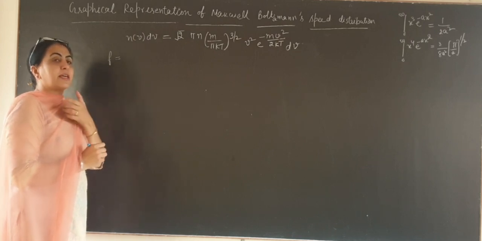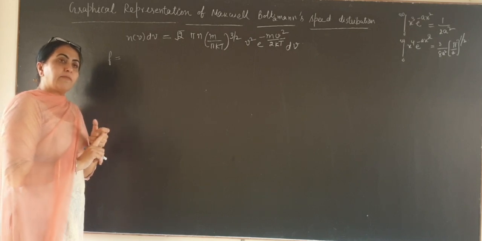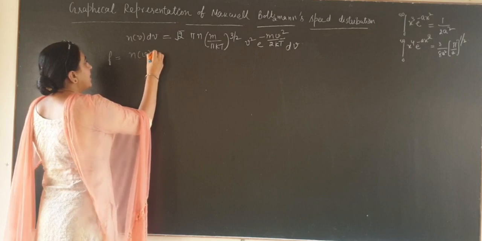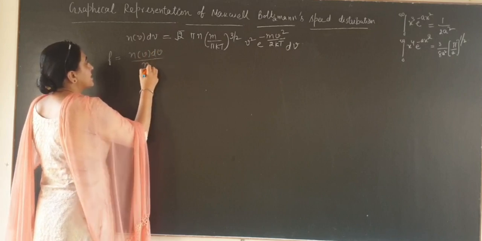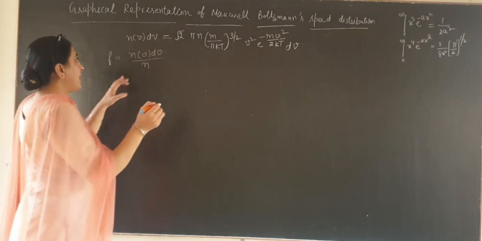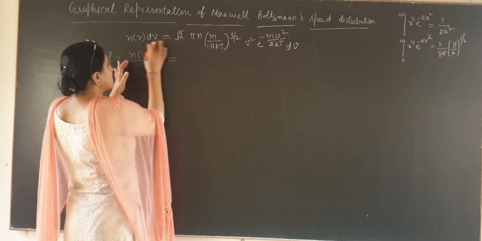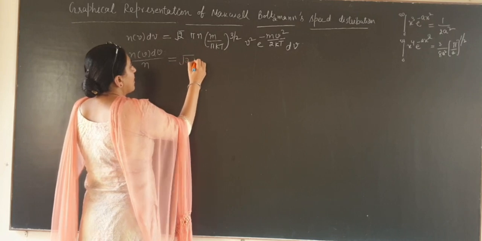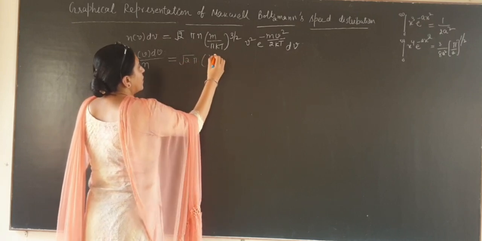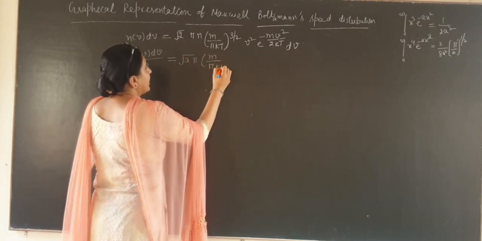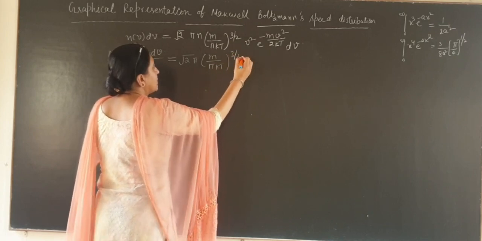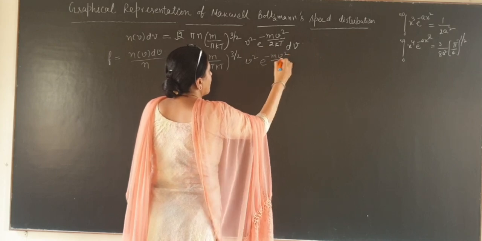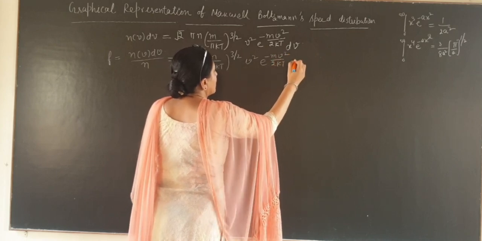This is equal to n(v) dv divided by n, and when we divide by n, f is equal to under root 2 pi, m over pi kT raised to power 3 by 2, v square e raised to power minus m v square upon 2kT into dv.